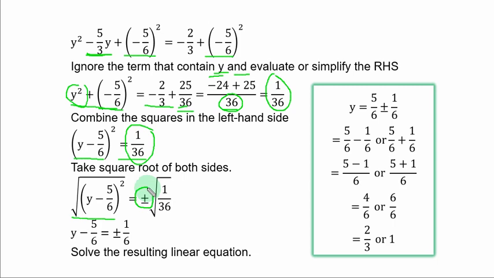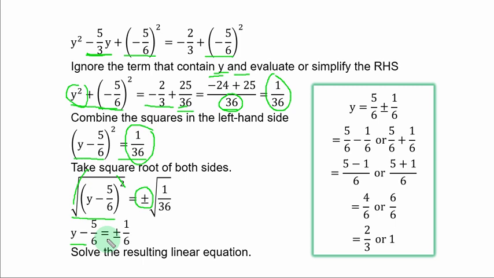Square root of 1 over 36. From here, the square root will remove the square. You are left with y minus 5 over 6 equal to plus minus. The square root of 1 is 1 and that of 36 is 6.